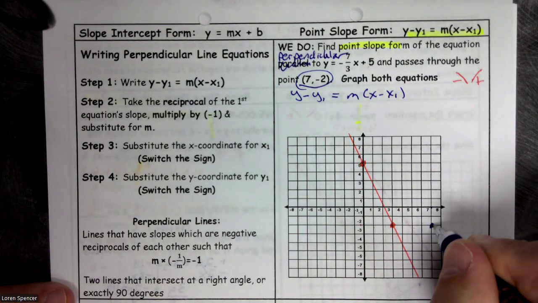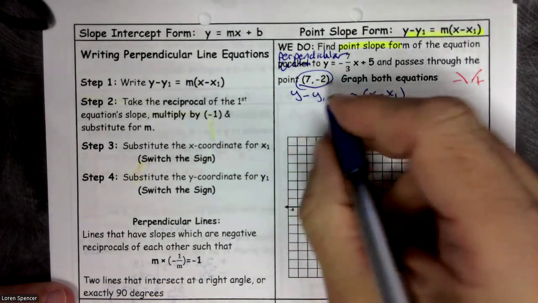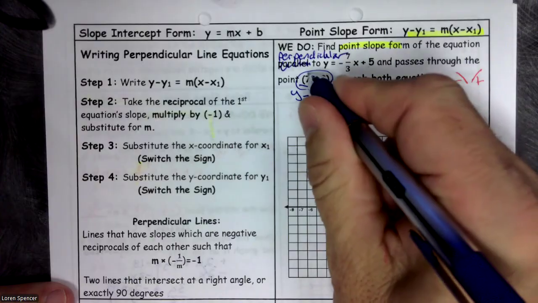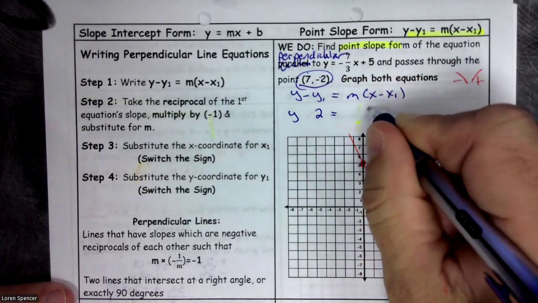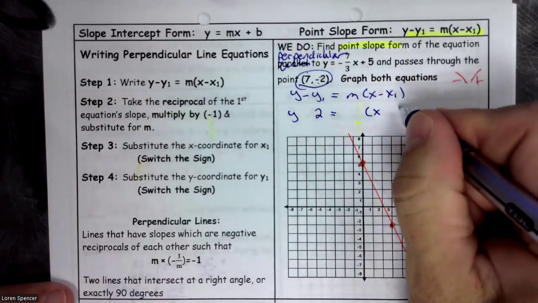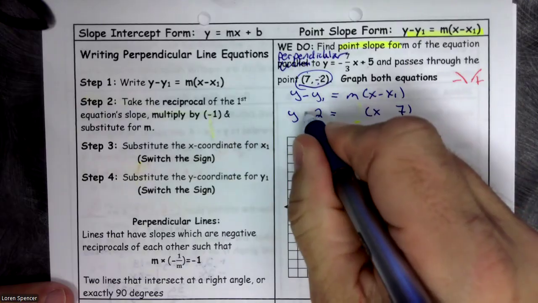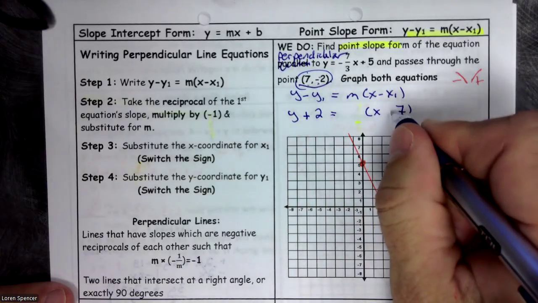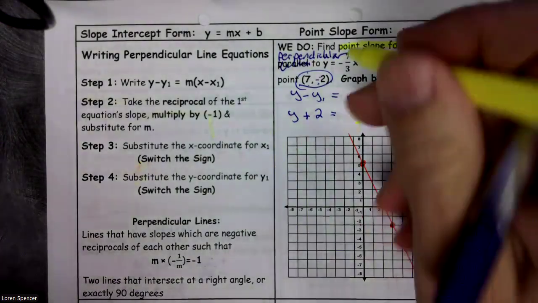That's right there. Now, we know that this is my x, this is my y, so we have y and 2 equals x and 7. With the sign switch, so this negative 2 becomes a positive 2, this positive 7 becomes a negative 7. Now we need to deal with the slope.